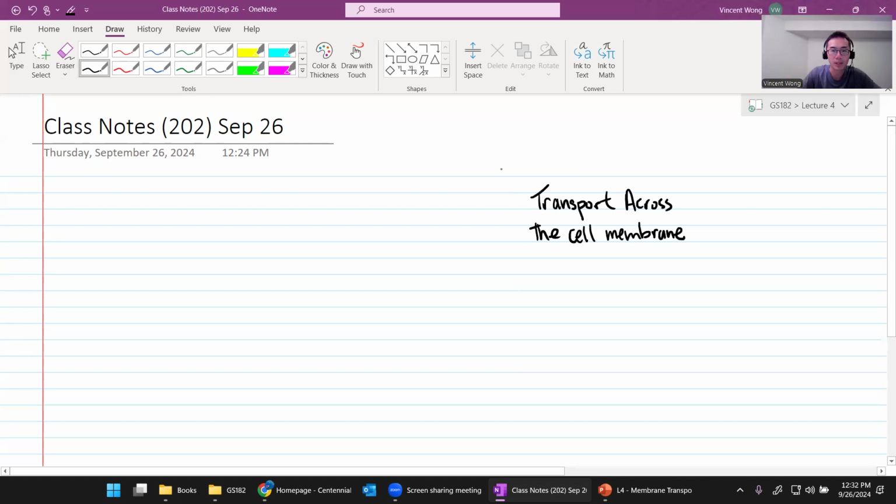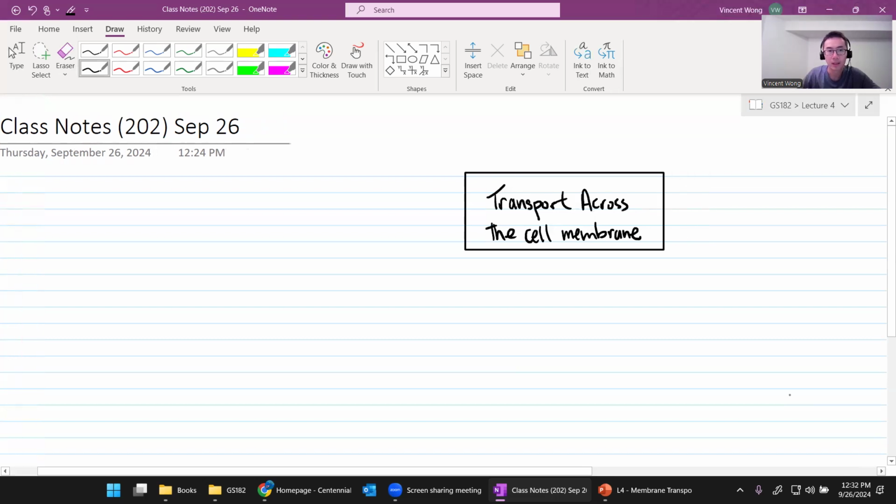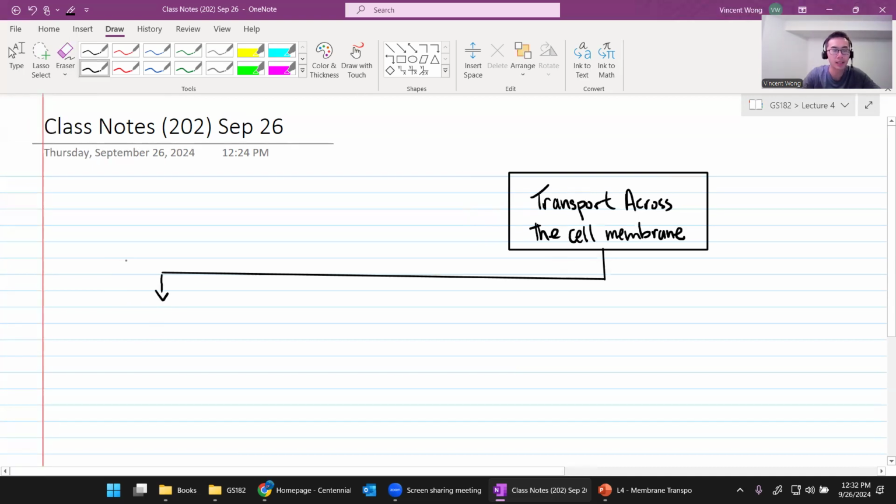And we're going to put a box around it. There are two types of transport in general, two major categories. Let's start with the easier one first. It is called passive transport.